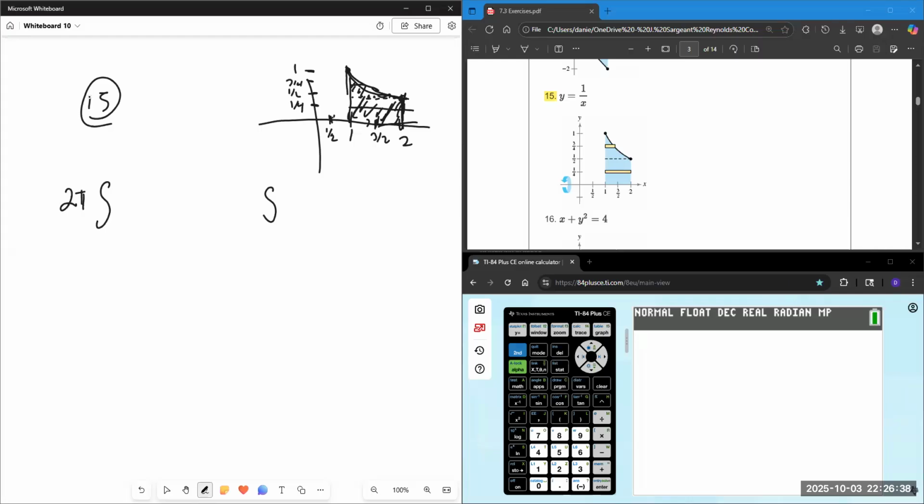So 2 pi, let's start at the bottom, go from 0 to 1/2, and right minus left, and the distance to the representative rectangle is y, plus 2 pi, and then we have 1/2 to 1 on y. We again are y away from our axis of revolution, and right minus left is 1 over y.